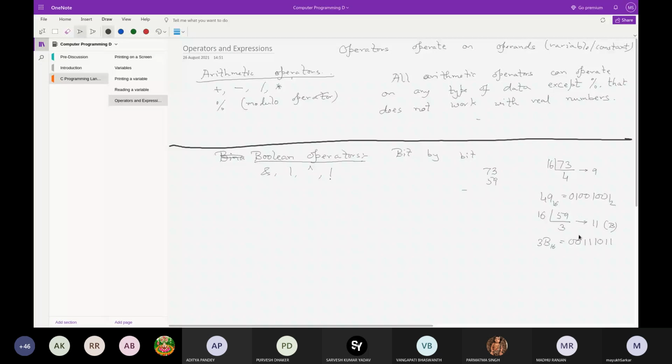So these are the binary conversions of these two decimal numbers.